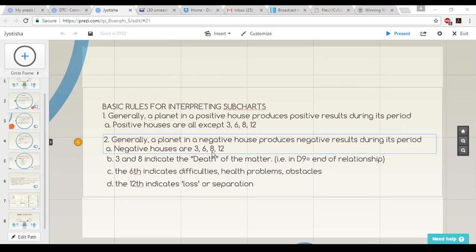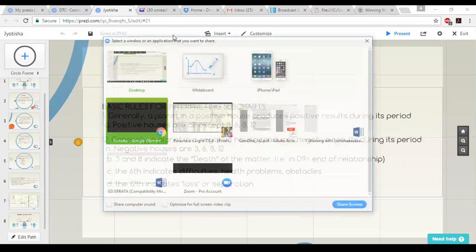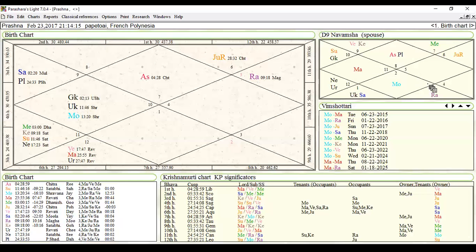The negative houses are 3, 6, 8, and 12. More specifically, the 3rd and the 8th indicate the death of the matter. So if a person has a planet in the 3rd or the 8th house of a subchart, now here it's the Navamsha, here we have Sun in the 3rd house and Rahu in the 8th house.